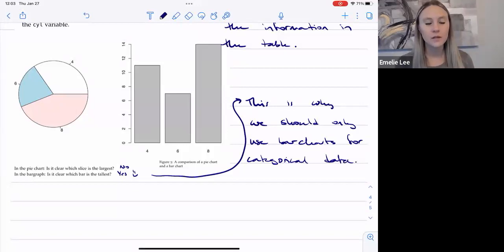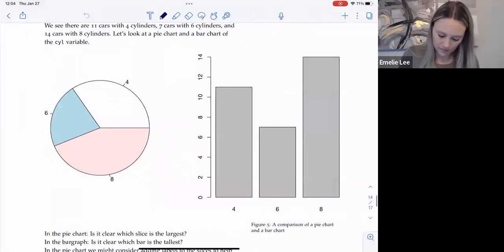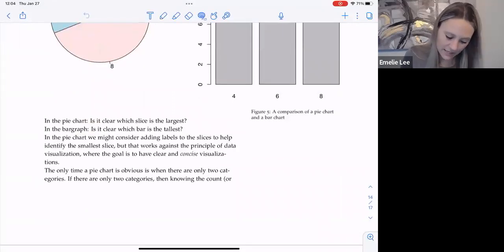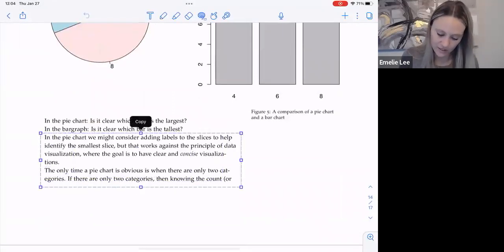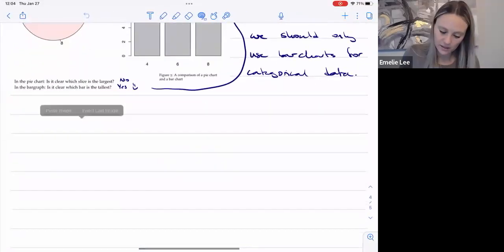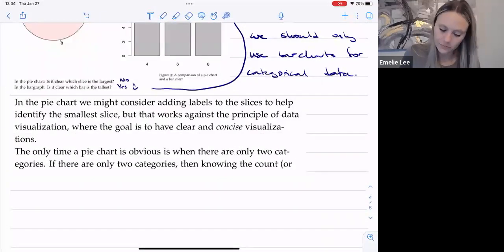Okay. So that's something to keep in mind, right? And so just in general, just avoid pie charts, they're bad. The only time that you might use a pie chart is if you have 2 categories, but let's talk about that and how silly that is in just a second here.